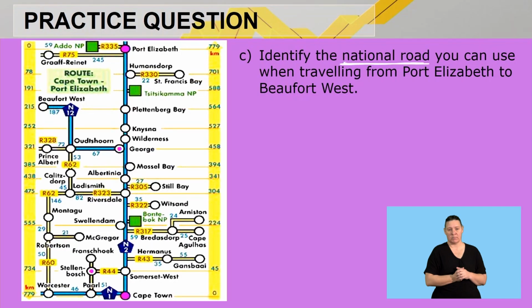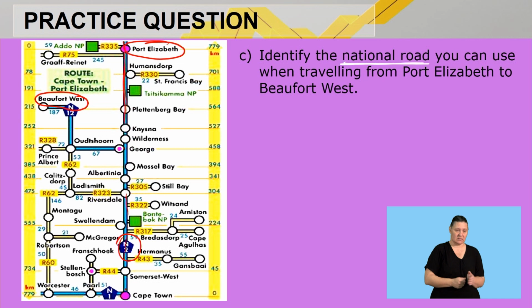Now from Port Elizabeth to Bedford West. We have our Port Elizabeth here and our Bedford West there. From Port Elizabeth, when we travel along going down, we can see that we are using N2, but then we are not going to end at the bottom there, because we have to off-ramp or turn left.